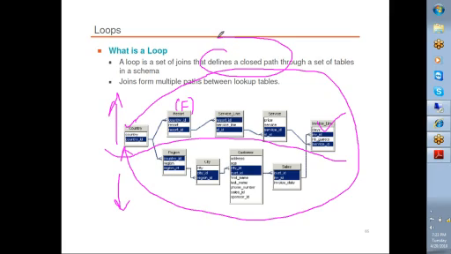Now I'm just trying to see why you would actually end up in a loop. If it's not correct, what makes you land in a loop? One of the commonly seen reasons is that when you talk about conformed dimensions, as I was just saying earlier, you have two facts which have common dimensions. So here you could look at resort as one of the facts and region as another fact, and they have this country dimension in common.